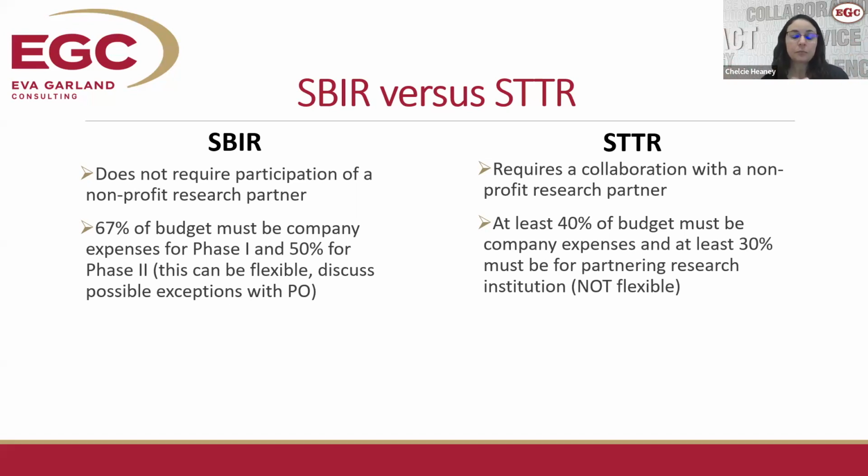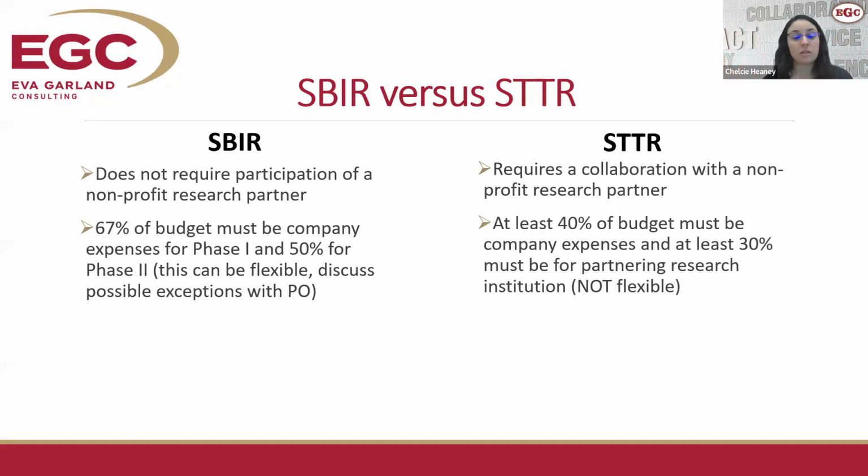For the STTR, at least 40% of the budget must go to company expenses, 30% must go to the partnering research institution, and then that remaining 30% can be utilized however the small business sees fit, whether that is to support more small business portion of the budget, more partnering research institution portion of the budget, or a completely separate entity.